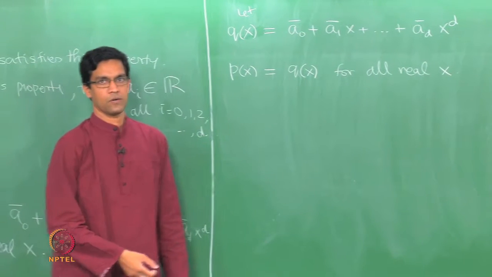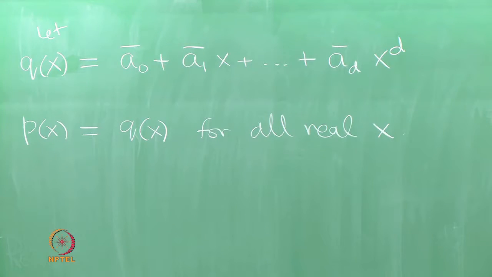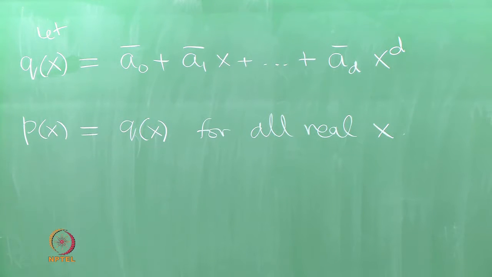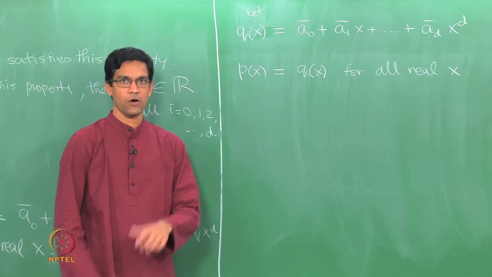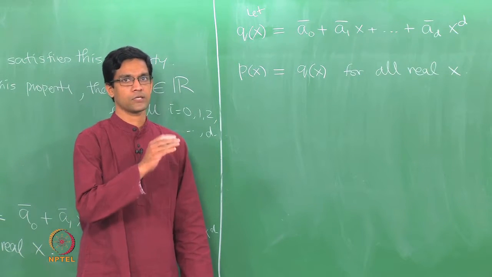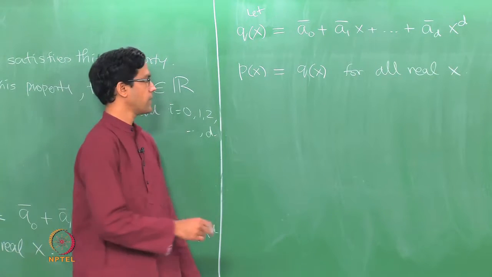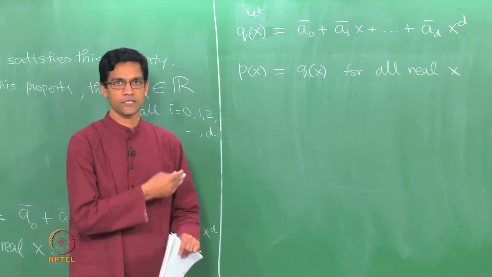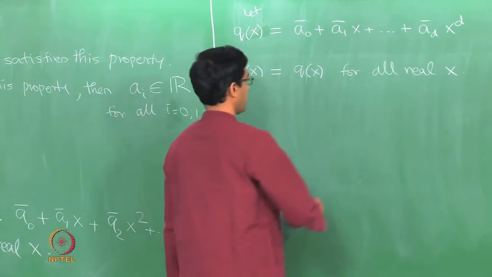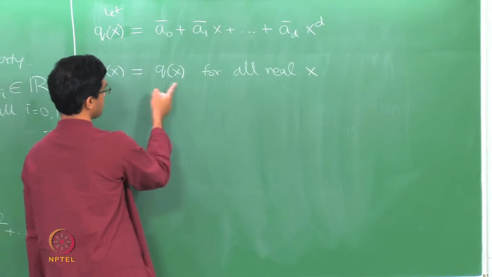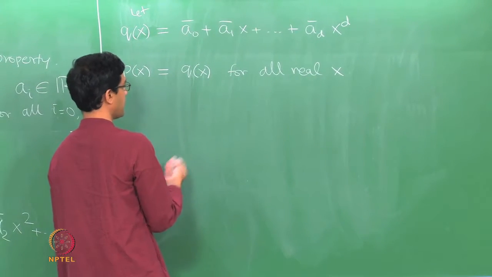Okay. Now observe this principle that we talked about a few modules ago, which is if I have a polynomial of degree d, another polynomial of degree d, and if they agree on d plus 1 points, okay, they have the same value on some d plus 1 points, then they must have the same value on all points, meaning they are actually exactly the same polynomial. But then observe, for every real number x I know that they actually agree, and there are infinitely many real numbers.